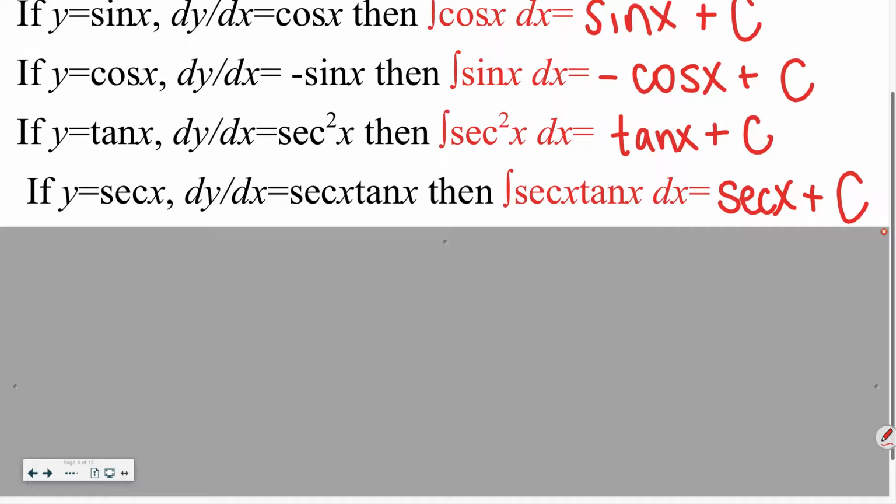What are the two rules that we are missing? Okay, which two are we missing?